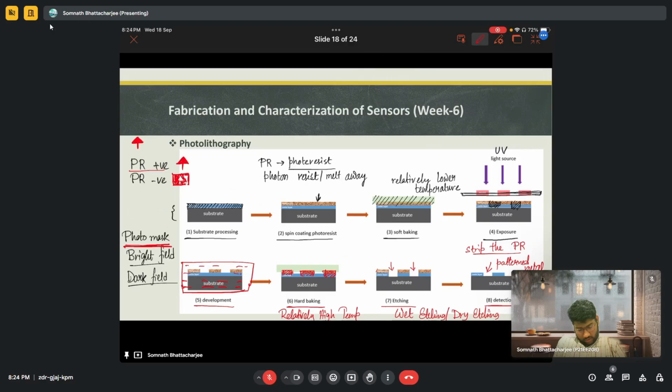So we'll have a negative pattern here, like in a previous kind of real type of imaging, we used to have these kinds of negative images. So this is the negative image of the pattern we need.